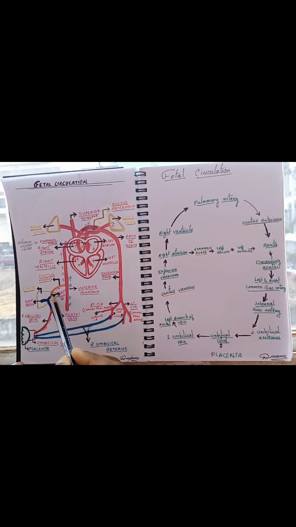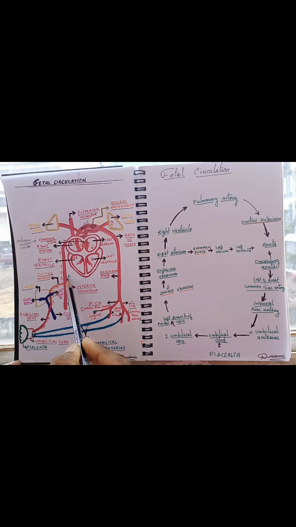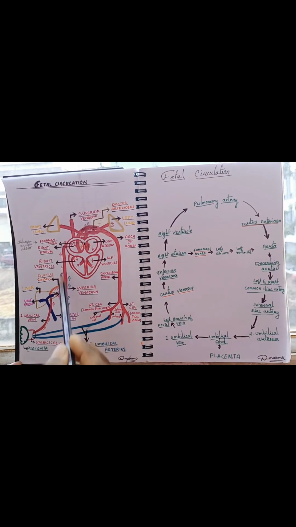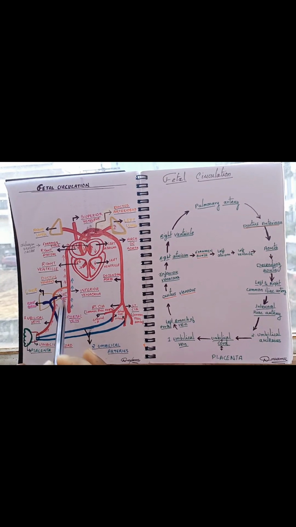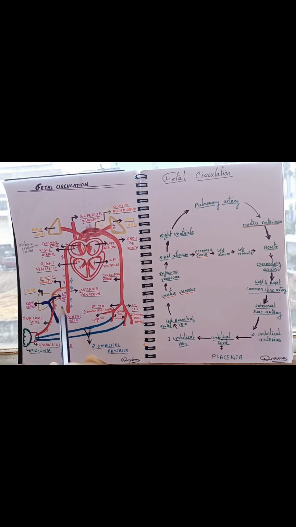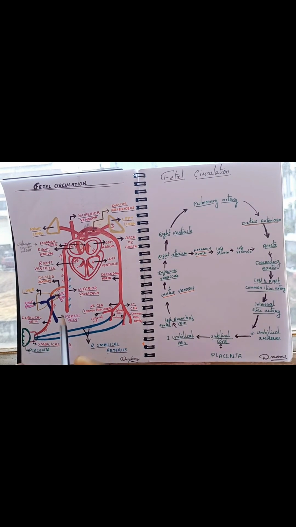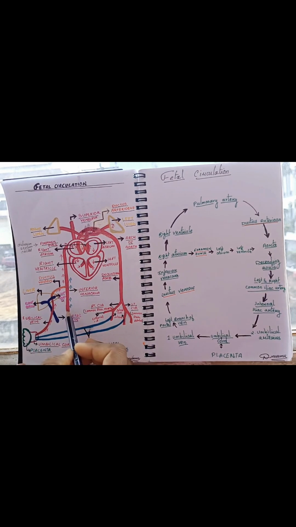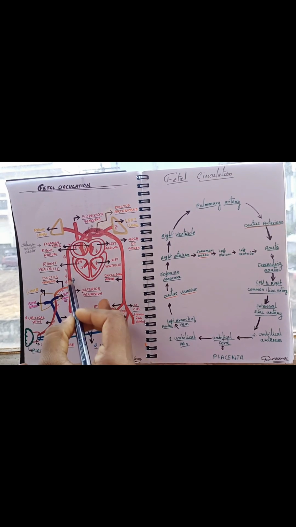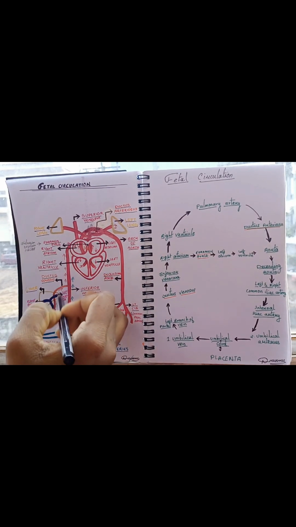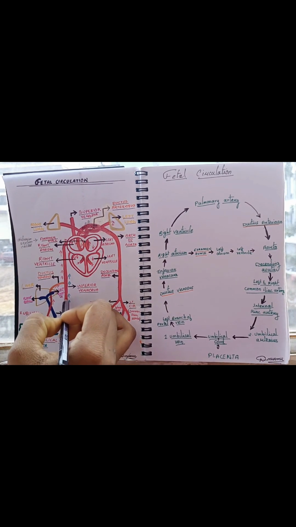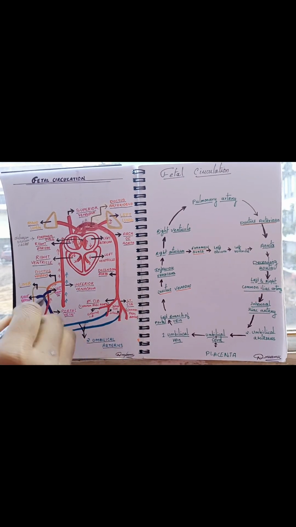The oxygenated blood travels to the vena cava, and as we know, the inferior vena cava carries deoxygenated blood from the lower part of the body.